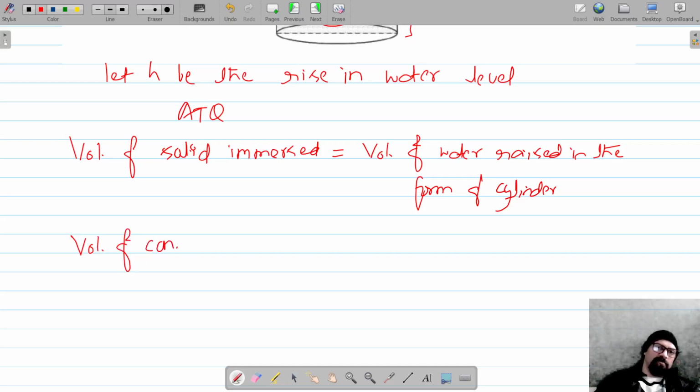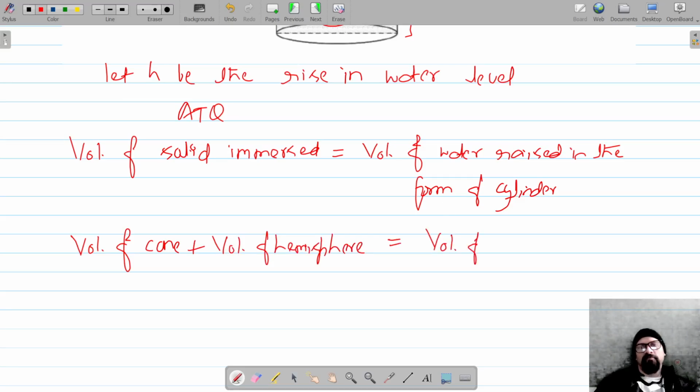This is the volume of cone plus the volume of hemisphere. And this will be equal to the volume of the cylinder that rises.